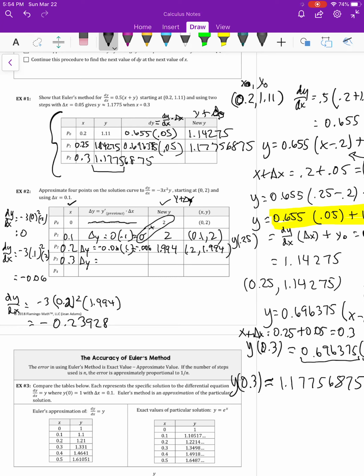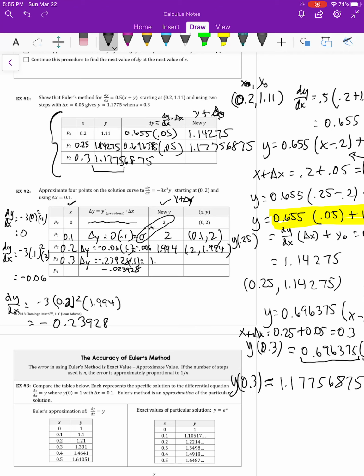Because we're using the previous point, I accidentally put 0.3 instead of 0.2. And so this one is going to be negative 0.23928 times 0.1, giving us a value of negative 0.023928 for our delta y.